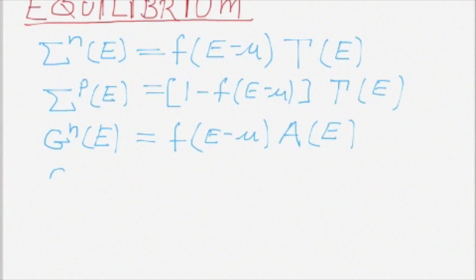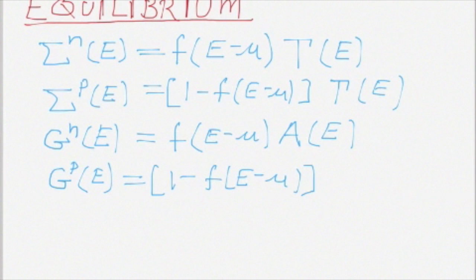And similarly, Gp of E, which gives you the hole density, is simply 1 minus F times the spectral function.